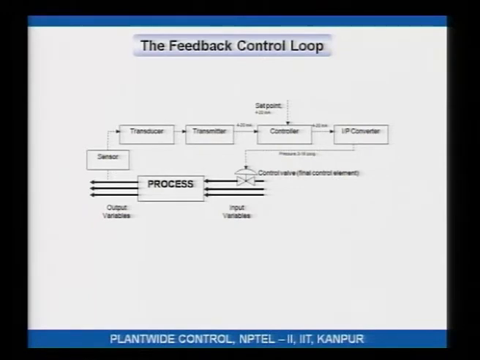So, 4 milliamp for example may correspond to 3 psi and 20 milliamps may correspond to 15 psi. So, the I to P converter gives the desired pressure on the air, and because the air pressure then changes, the valve actually moves. It either opens or it closes.